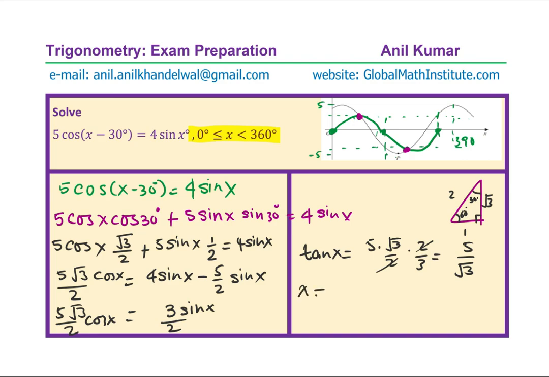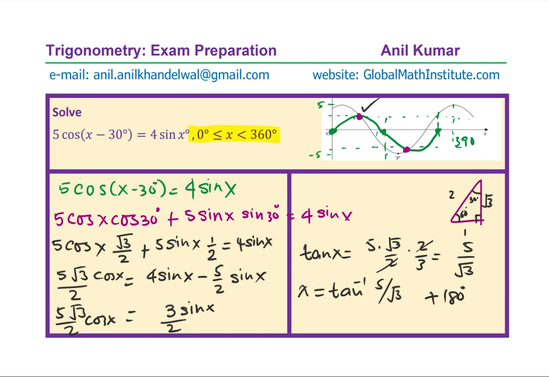And so x is equal to tan inverse of 5 over square root 3. So that will be one value. And then we can add 180 degrees to get the other solution. You get the idea. So that is how we will get two solutions for the given equation.